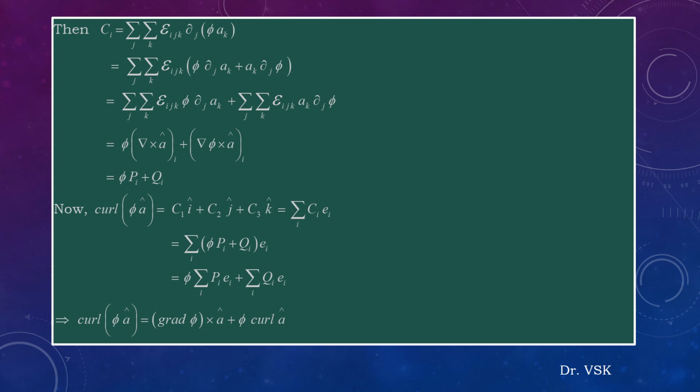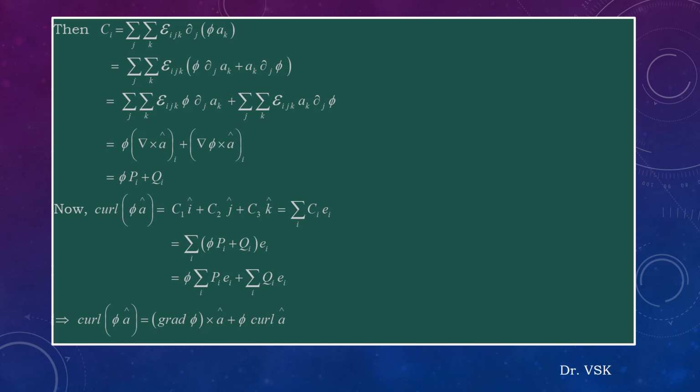We must remember one fact here. We are finding the ith component C suffix i only. Here in this equation, the LHS is the ith component C suffix i. The RHS of this equation has two parts.